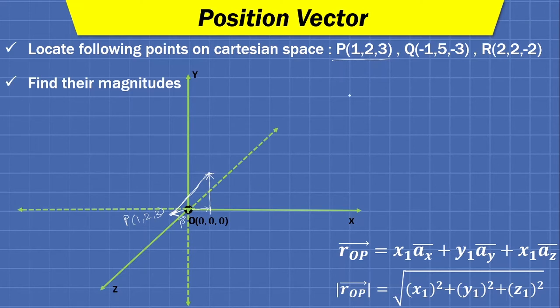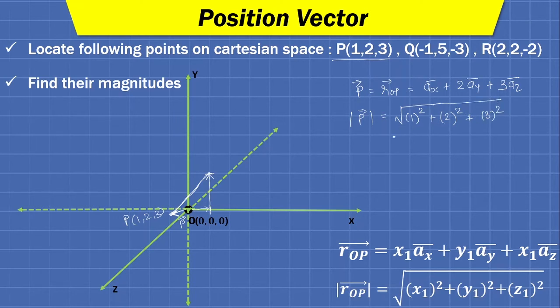will be the position vector P. So position vector P, which can also be represented by R_OP bar, can be written as a_x bar plus 2 a_y bar, because we have traveled 2 units in the direction of y, plus 3 a_z bar. The magnitude of this position vector of point P will be the square root of 1 squared, as the x coordinate is 1, plus 2 squared, as the y coordinate is 2, plus 3 squared, as the z coordinate is 3.